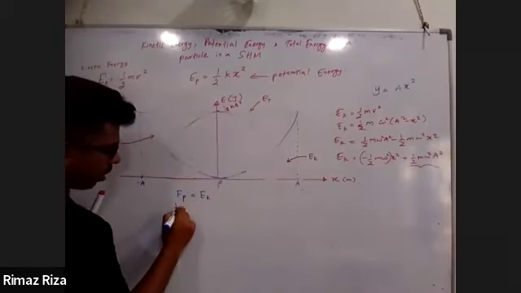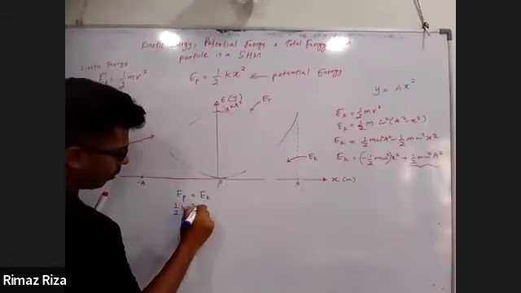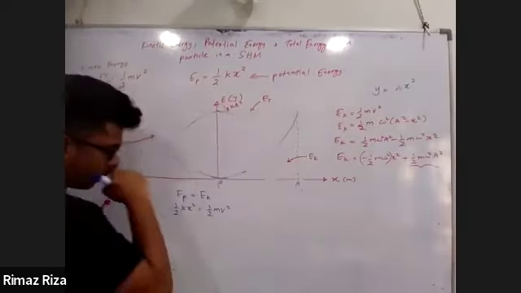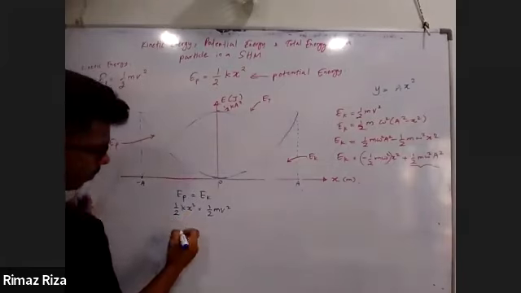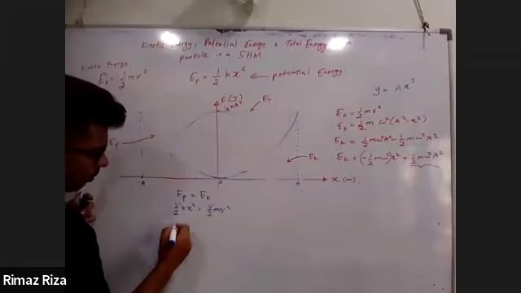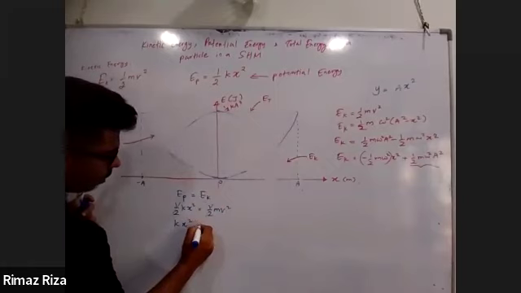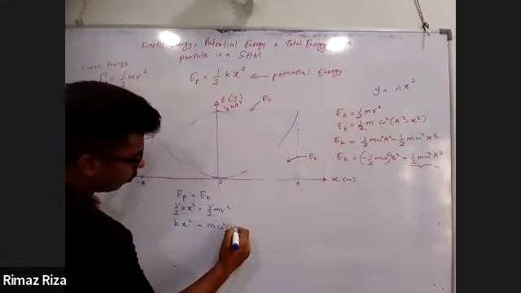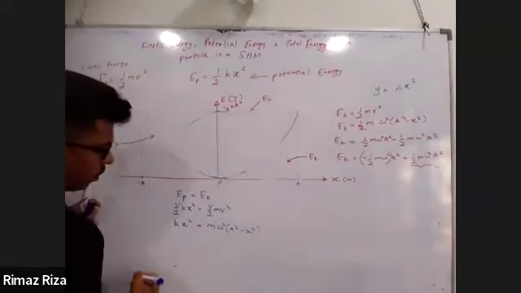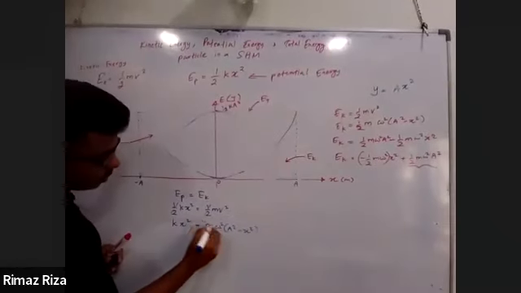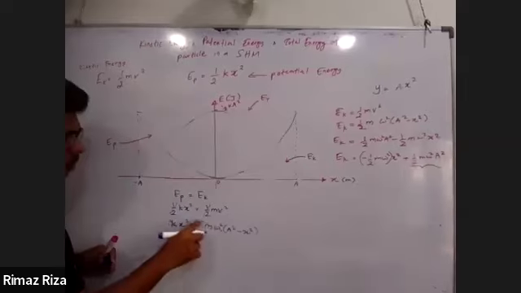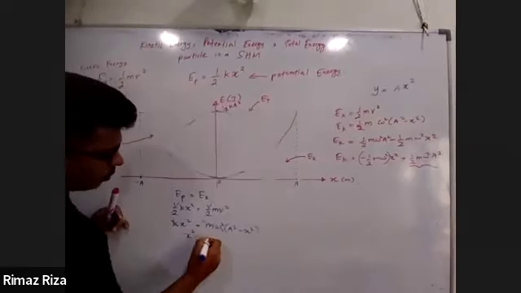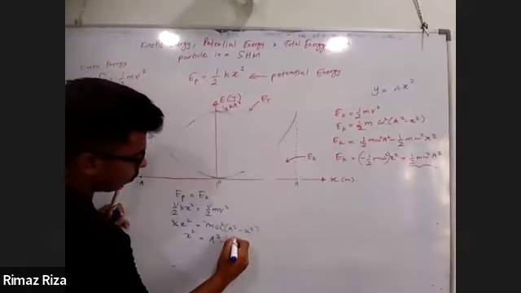The potential energy is half k x squared. Kinetic energy is half m v squared. So we want to find x. So half and half cancel. k x squared is equal to m times v squared, and we know v squared is omega squared times a squared minus x squared. So we know m omega squared is actually k. K equals m omega squared. We can cancel, so x squared is equal to a squared minus x squared.